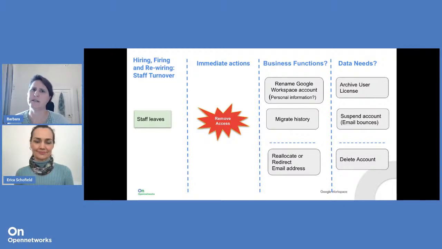Or do they just need to see the new email coming in and deal with it going forwards? If it's the former, and you need the new user to be able to see everything in the mailbox and all the history, then you've got options to either rename the leaving employee's account to the new user's account, or you can migrate certain information from the leaving user to the new user.